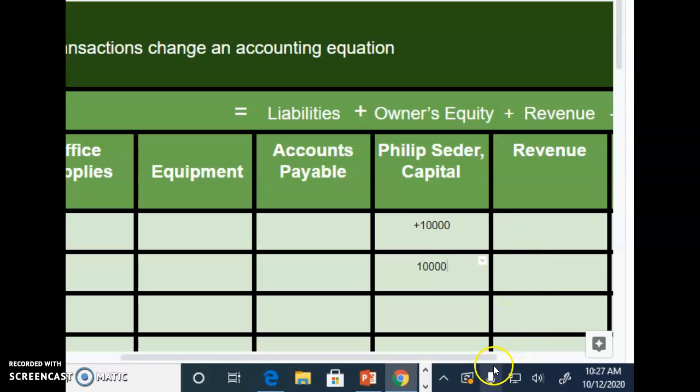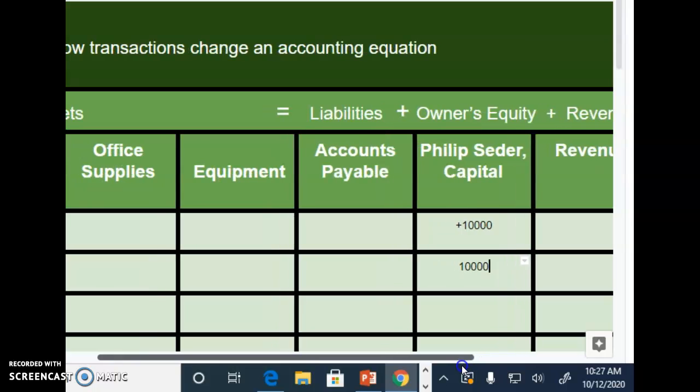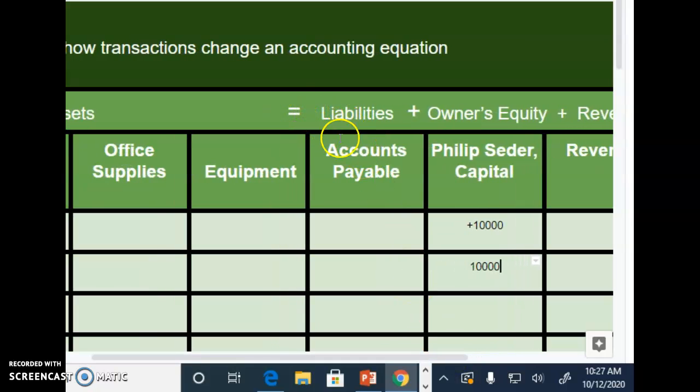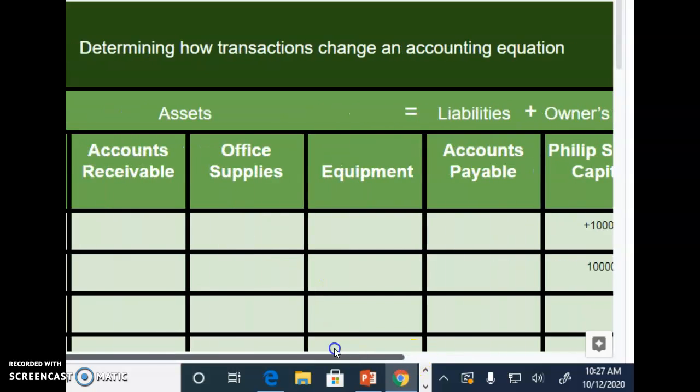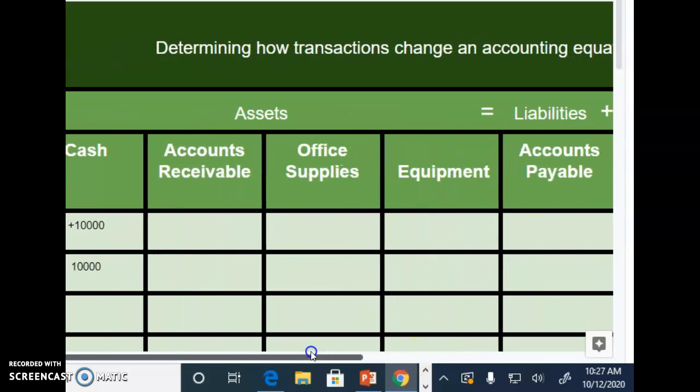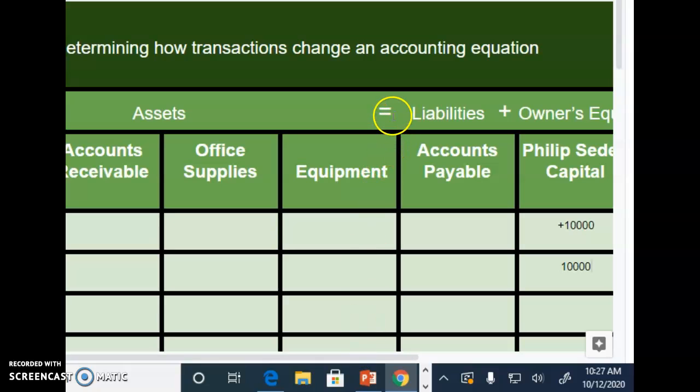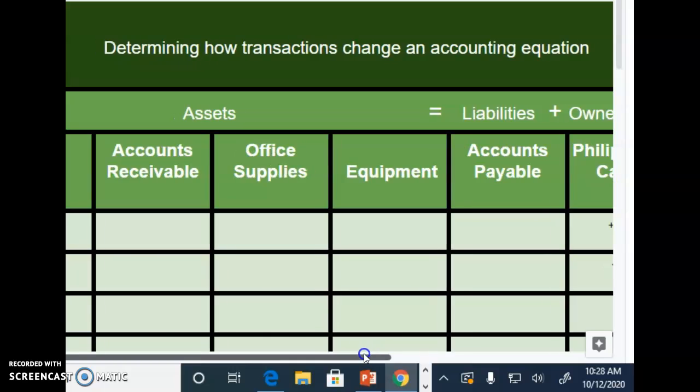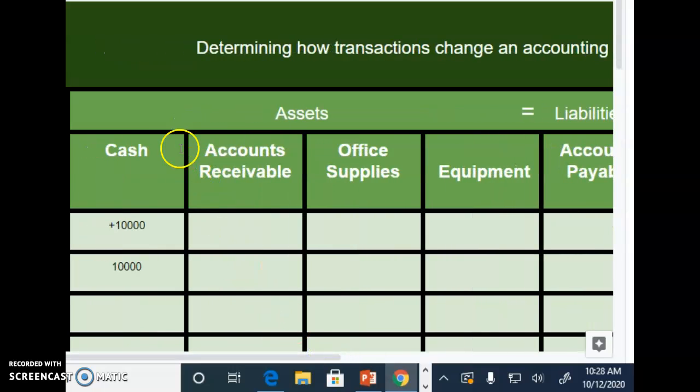Now the reason that I put it on either side of the equal sign, see, I increased here, and I also increased cash. So I'm on either side of the equal sign here, and I stay in balance. My assets for this problem are cash, accounts receivable, office supplies, and equipment.